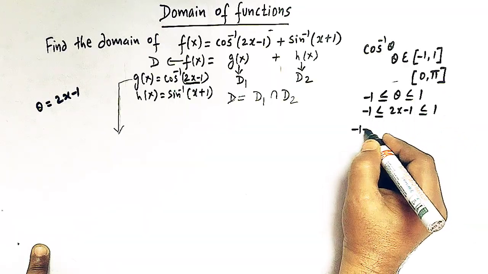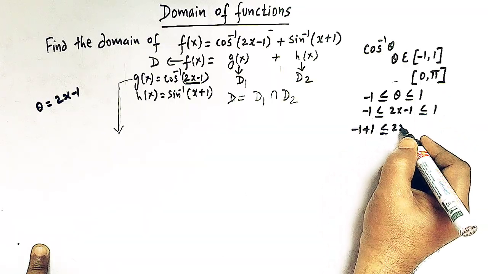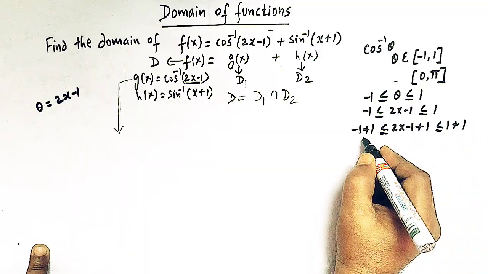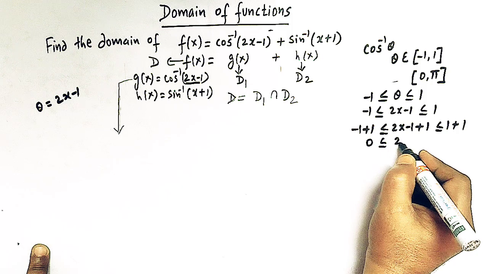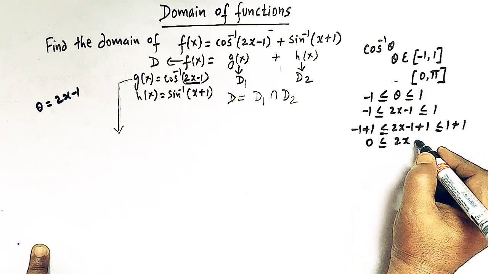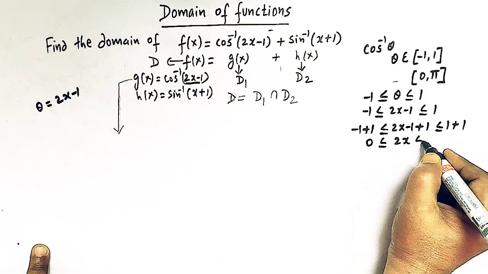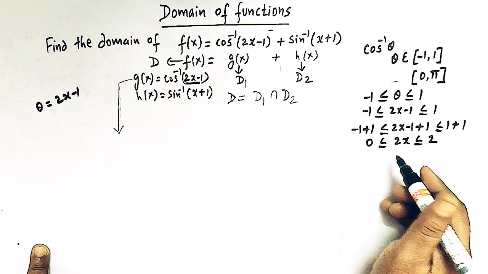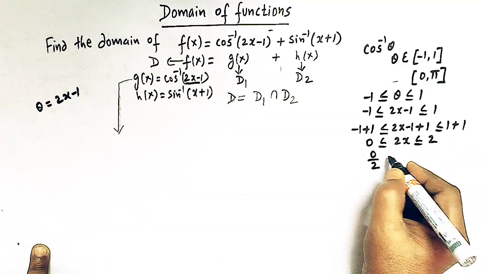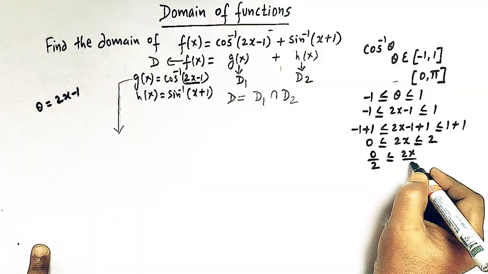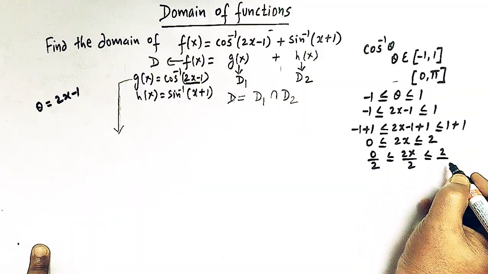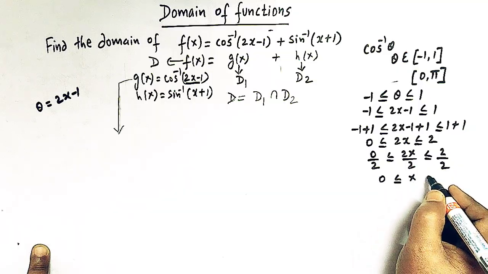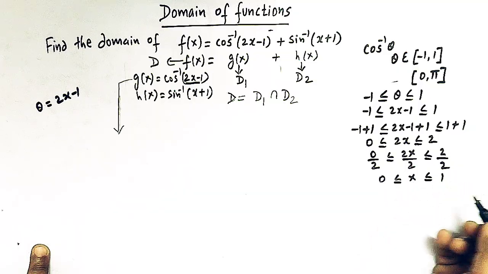So we have minus 1 plus 1, then 2x minus 1 plus 1, and here 1 plus 1. So here we have 0, here we have 2x, since 1 and minus 1 get cancelled, and here we have 2. So let us divide throughout by 2. So we have 0 over 2, 2x over 2, and 2 over 2. So this is 0, this is simply x, and here we have 1, right?